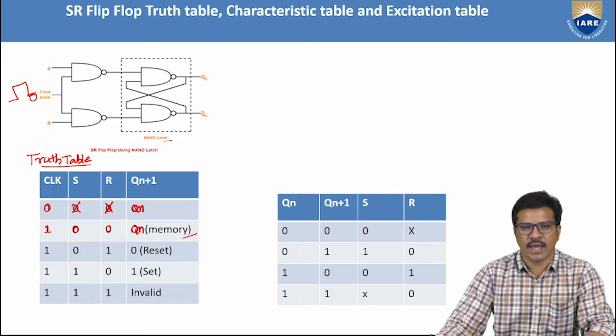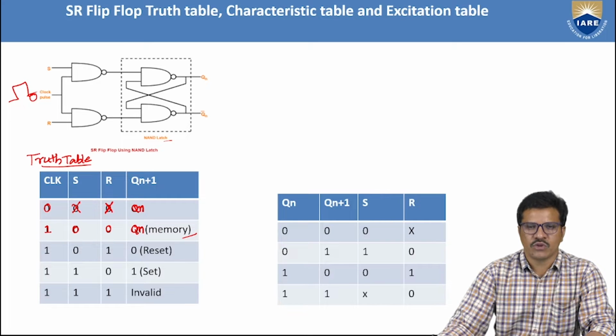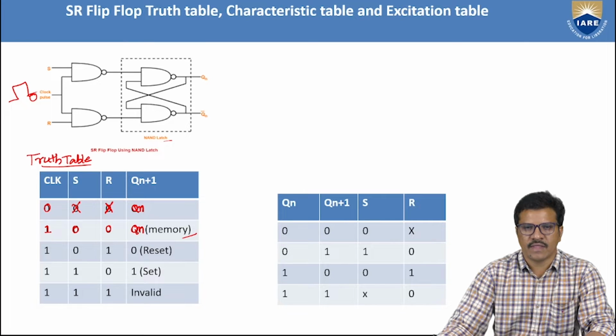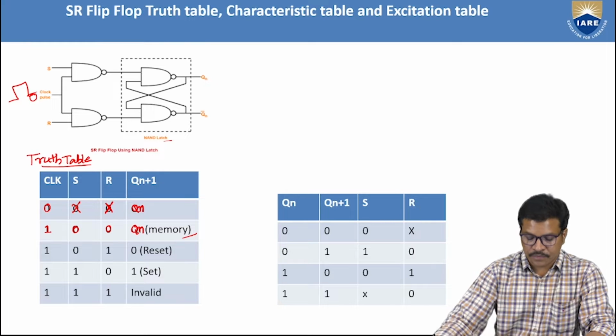So it acts as memory. Also, while designing synchronous or asynchronous circuits, this remaining state is called a stable state. We can say that the flip-flop is in a stable state.